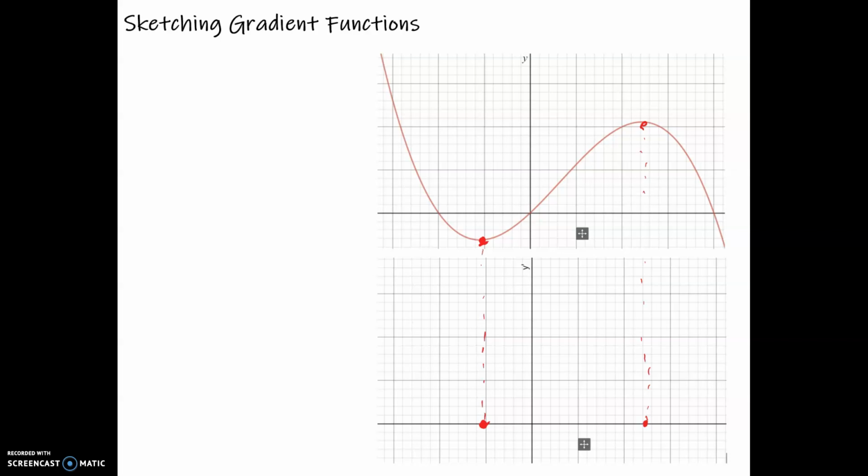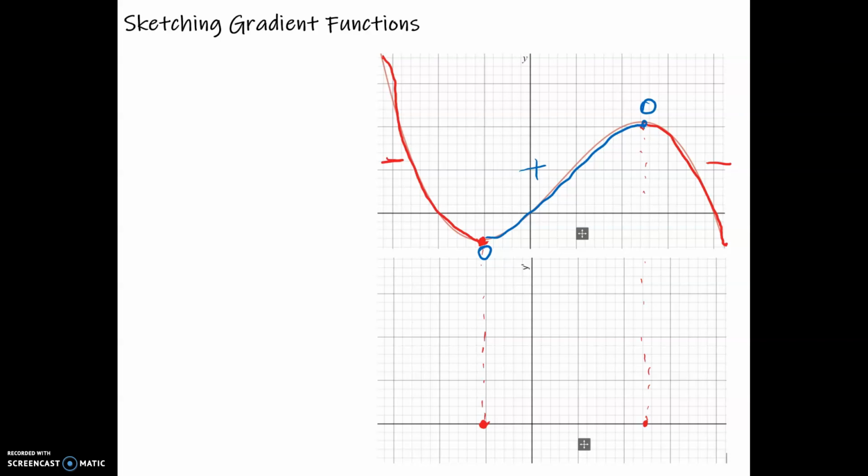Now, over here, my line is sloping downwards, so the gradient here is negative. And again, over here, the line is sloping downwards, so again, it's negative. If I look in the middle, the line is sloping upwards. So here, it's positive. So those 2 points are at 0, but at other points, the gradient is either positive or negative.